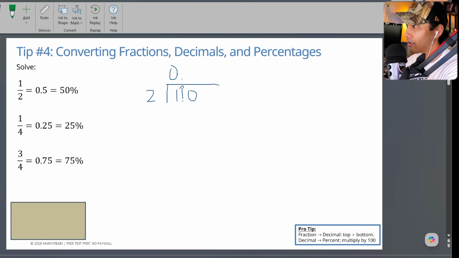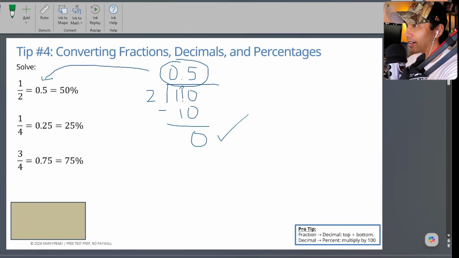Now with this 0 added, because you add a 0 when you need to go further, how many times can 2 go into 10? And that is 5 times. Then 10 minus 10, you get 0, and you're good to go. So 0.5, right? I have demonstrated how to get 1/2 and change that into a decimal.